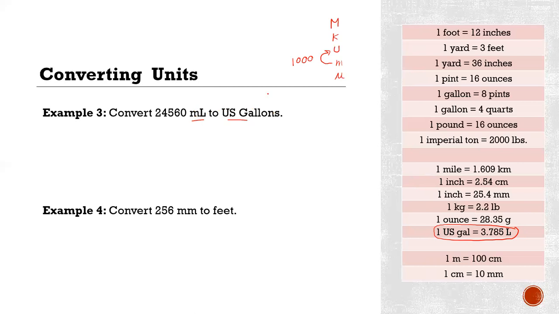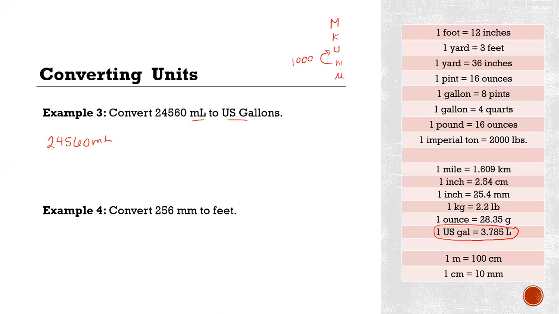Okay, that step represents 1,000, so we're going to move 3 places because there's 3 zeros, and we're going to turn it into liters. So 2, 4, 5, 6, 0 milliliters, and a liter is a larger unit, so there's going to be less of these small pieces.